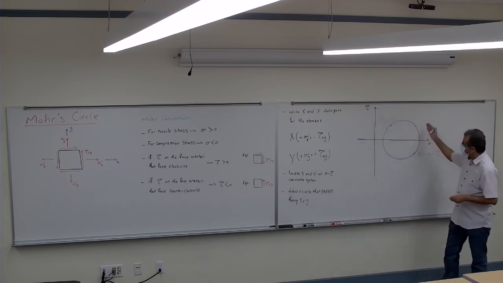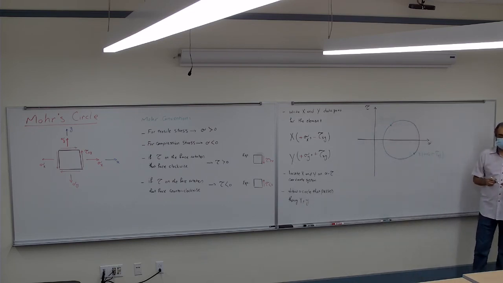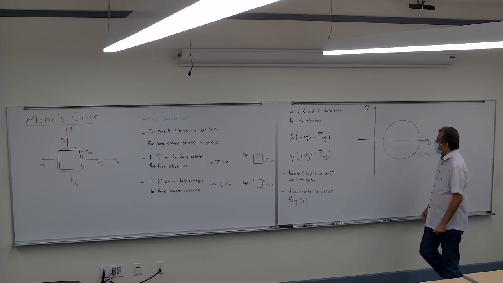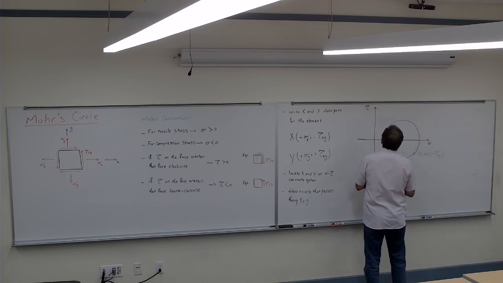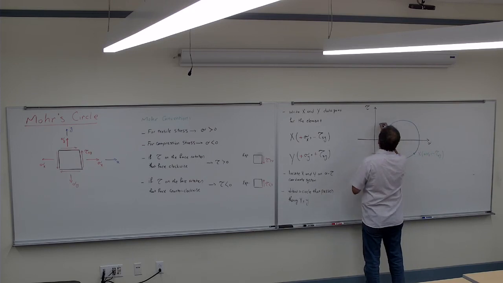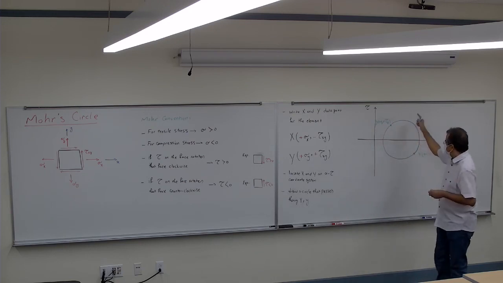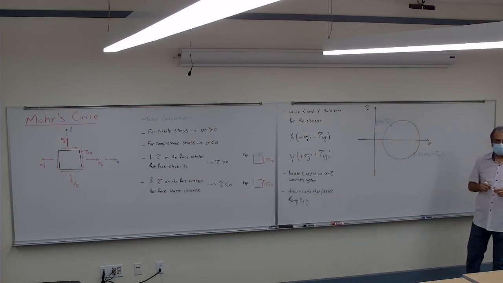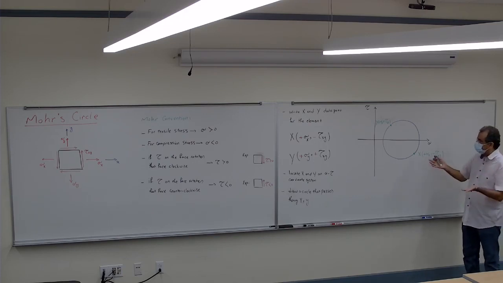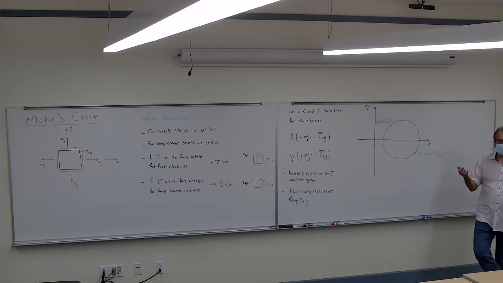Now I put right here my y, plus sigma y and plus tau xy. So I have 2 points, I draw a circle passing through them. You got it up to here?